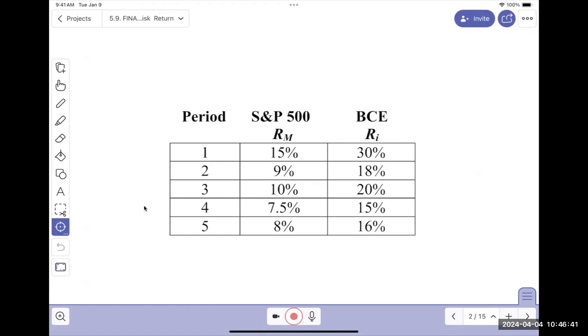That's pretty much where we're headed. So we're going to come up with a technique to estimate the discount rate.